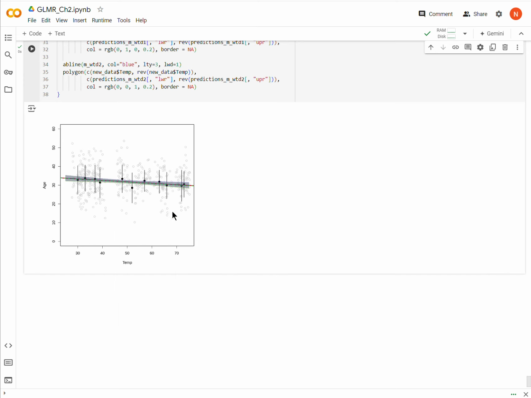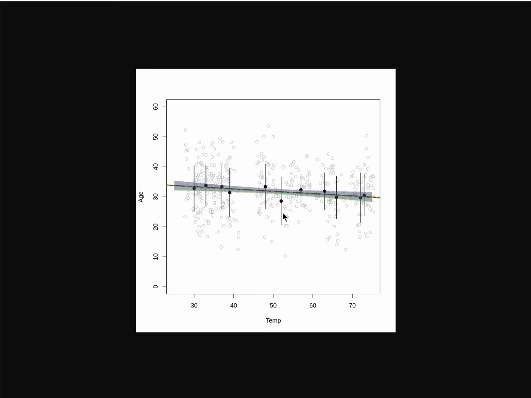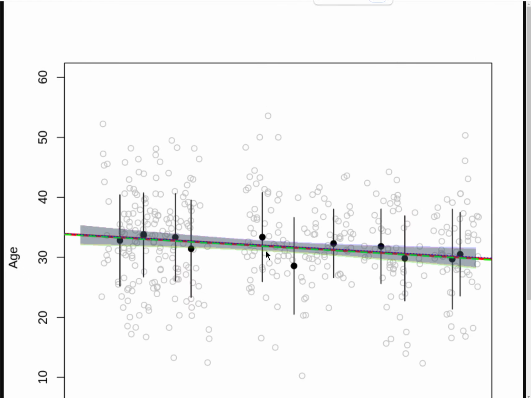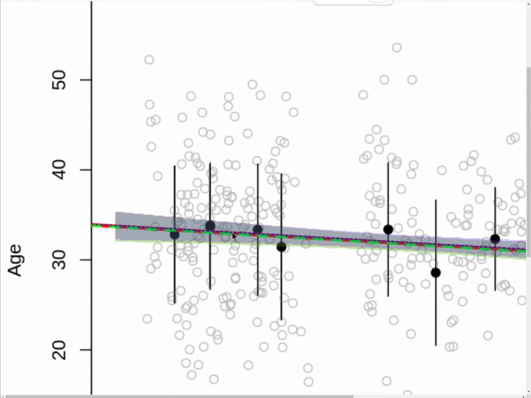Let me open this up. So again, here we have everything. We have temperature, age, and then we have the 3 regression lines here, and they're so close that they are just completely overplotted. The unweighted model is red, the weighted on standard deviation is green, and if you get real close, there's little dotted blue lines, and that's the second weighted, where it's weighted on sample size.